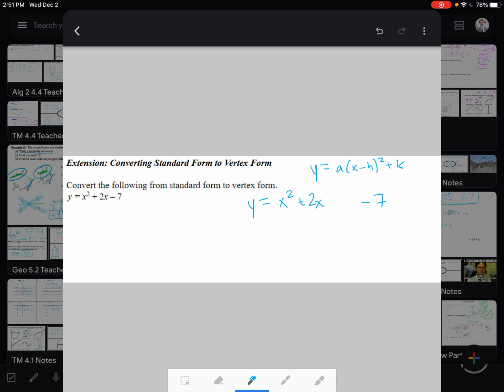So that's our goal for vertex form. And once we do that, we're going to be able to see the h and the k to find our vertex.